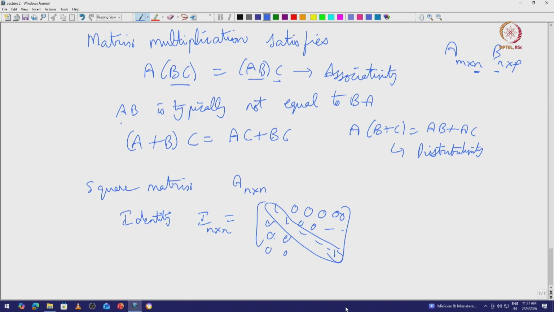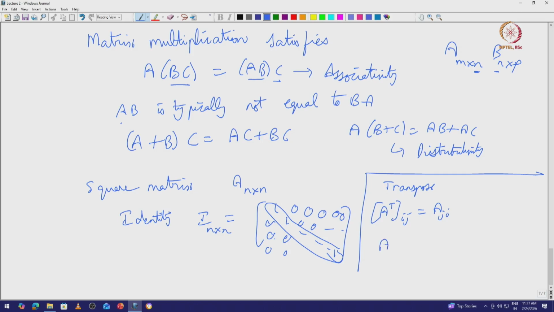So here is one definition, if you wish. The transpose of a matrix, so (A transpose)_ij is simply A_ji. In other words, you simply interchange the rows and the columns. So an m by n matrix becomes an n by m matrix.